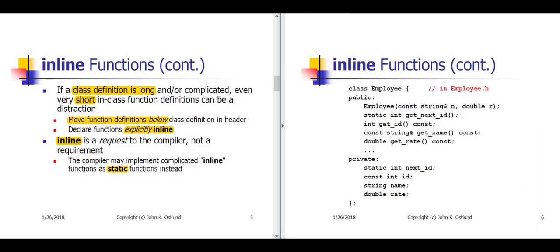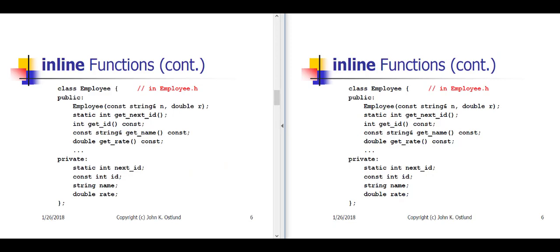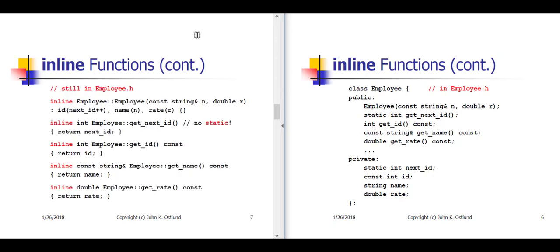Alright, so here on slide 6 we show the employee class with its public member functions declared and its private data members declared, but we have moved all of the inline definitions, even of the very simplest functions, below the definition of the class, still in the header file, but we have declared them explicitly inline so that we get the benefit of the efficiency that the compiler can provide, but we don't have clutter in the definition of the employee class itself on slide 6.